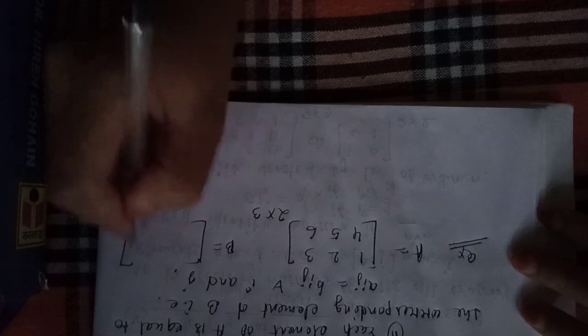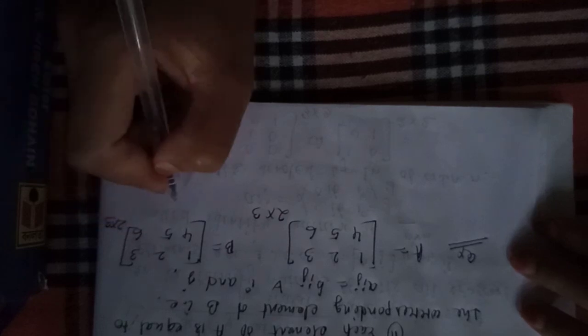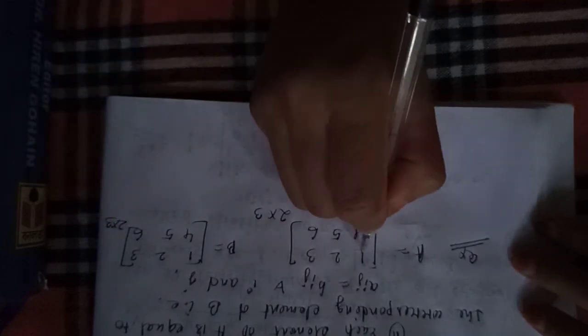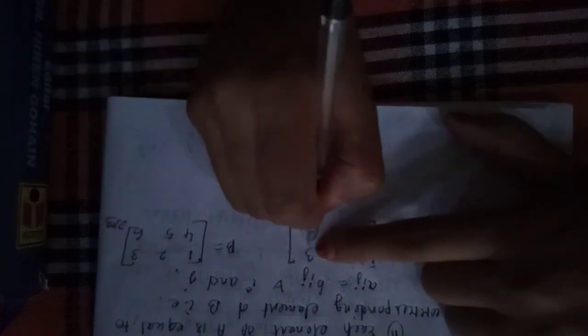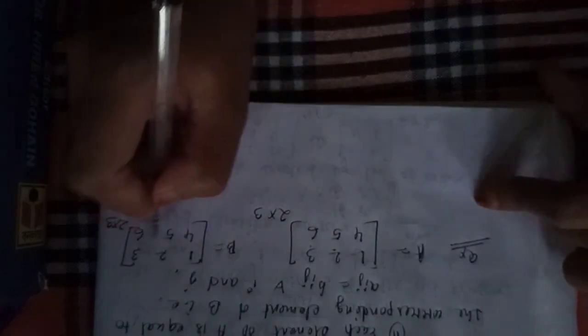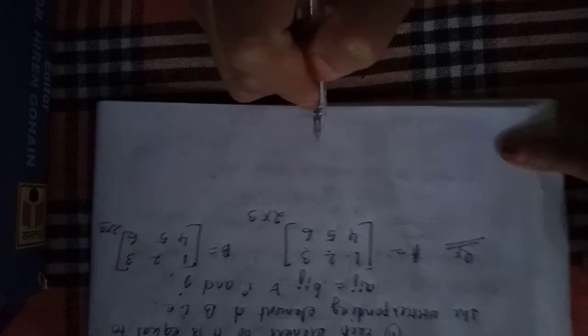And the next condition is that all the elements of A are equal to the corresponding elements of B, that is 1, 2, 3, 4, 5, 6. Okay? So here 1's corresponding element is 1, 2's corresponding element is 2, 3's corresponding element is 3. Everything matches. So these types of matrices are called equal matrices. Okay?